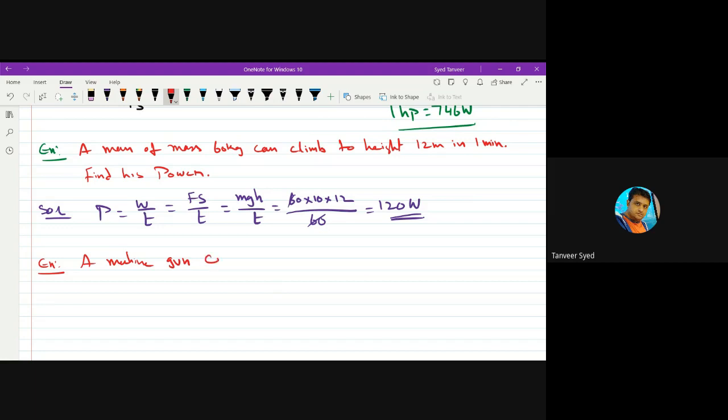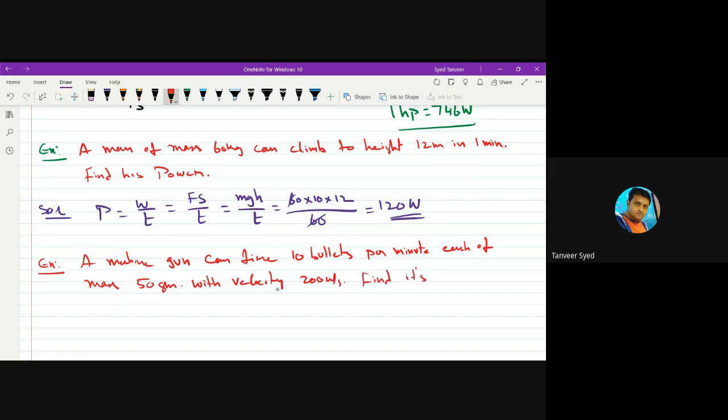A machine gun can fire 10 bullets per minute, each of mass 50 gram, with velocity 200 meter per second.